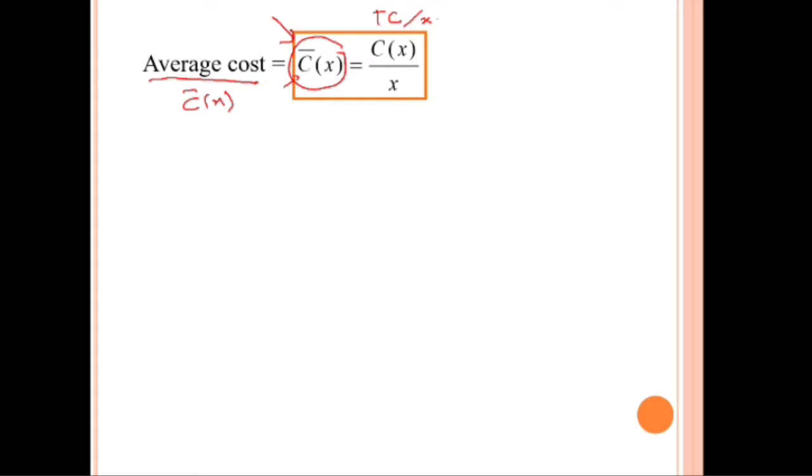For example, if the factory produces 1,000 units of handphones, then this 1,000 would be the number of units produced, x, and C(x) would be the total cost. So the total cost of producing 1,000 handphones divided by 1,000 units will be the average cost of producing 1 unit of handphone.